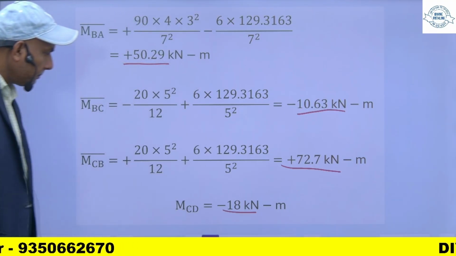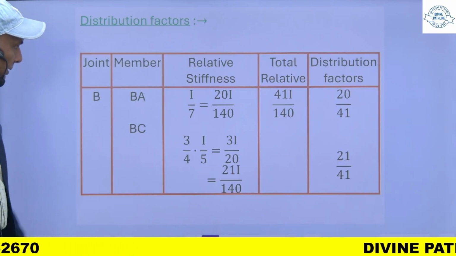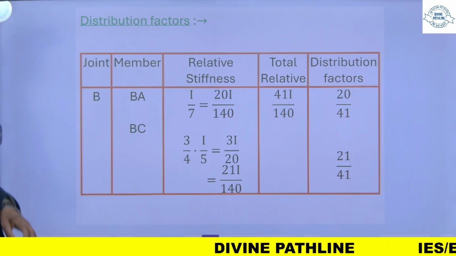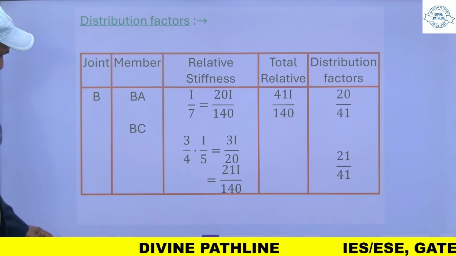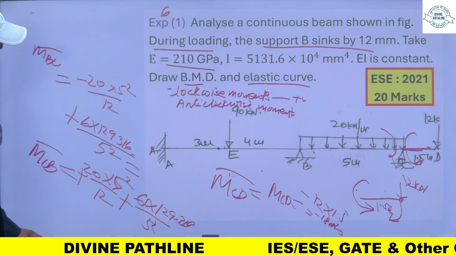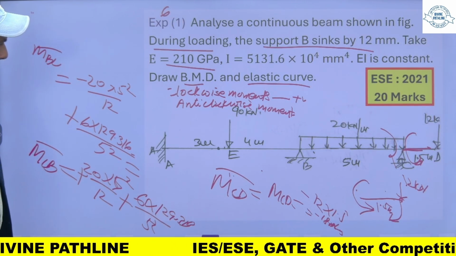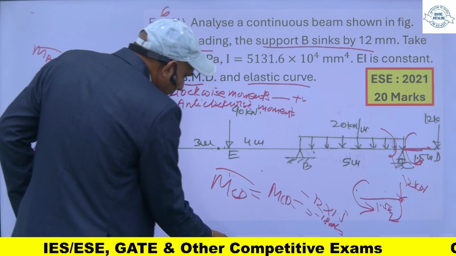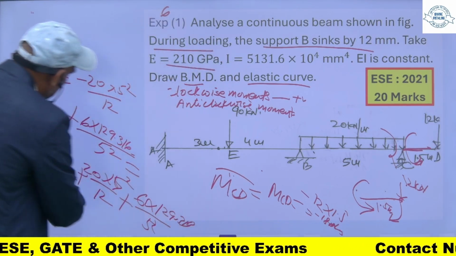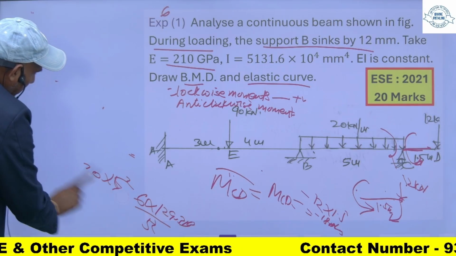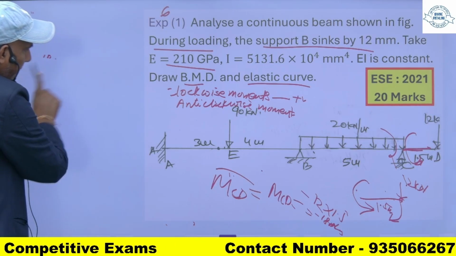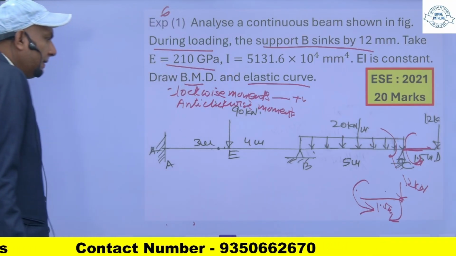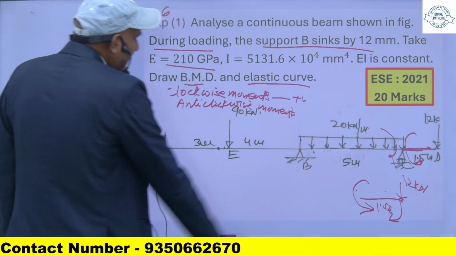Now I will calculate the distribution factor. In this case, B will act as a joint.